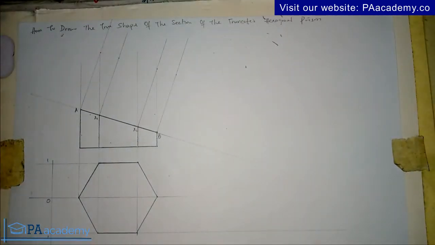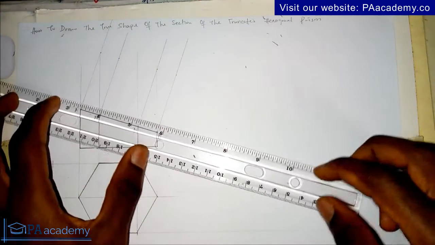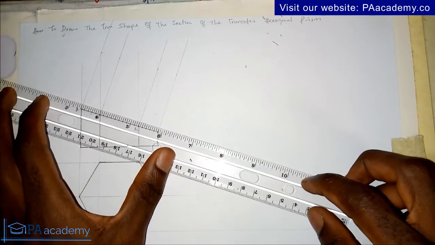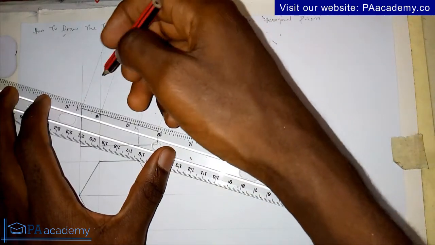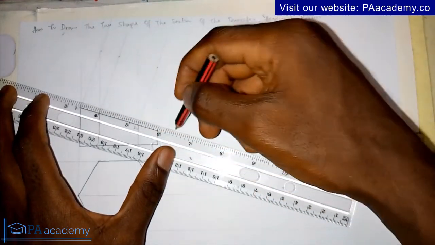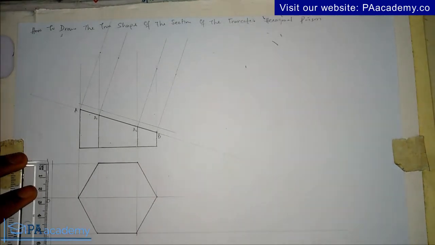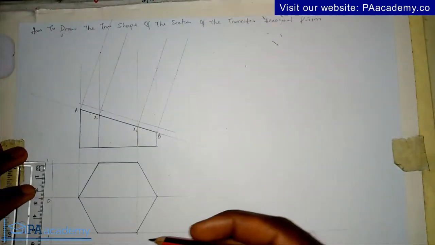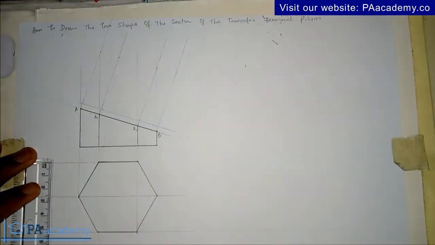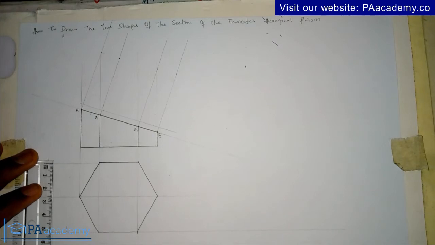So the next thing we are going to do is, let's just give some little space or gap here. Now what we are having here, the distance from this point to this point, is giving me 5.15.